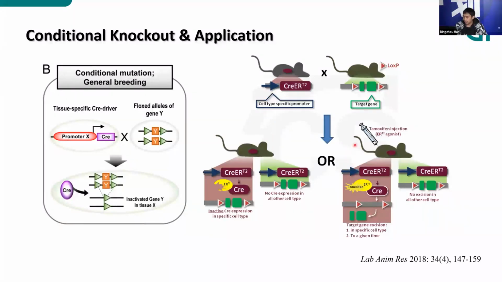However, if we introduce the strong agonist or ligand of this ERT2, which is tamoxifen or 4-hydroxytamoxifen, into the individual, the coactivation of this agonist to ERT2 will release this protein from the cytoplasm, and this protein will then be introduced into the nucleus of the cell, causing the LoxP sites on the genome to recombine and excise the essential exons to result in a knockout.